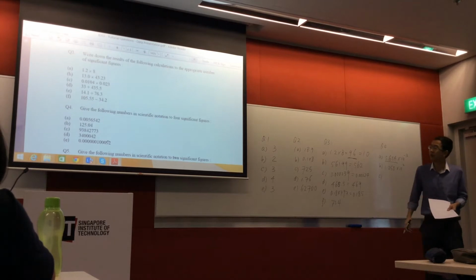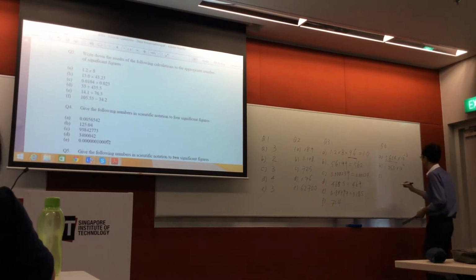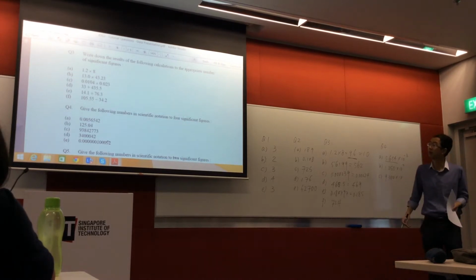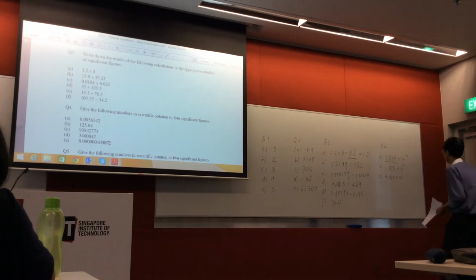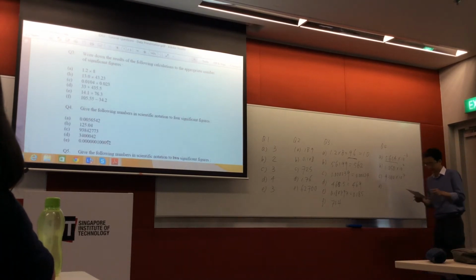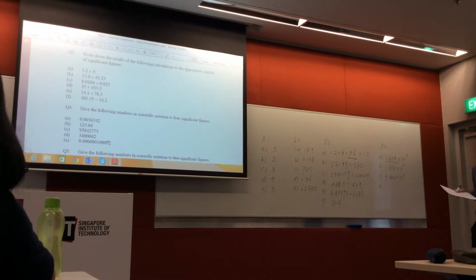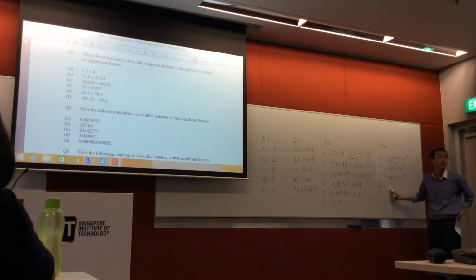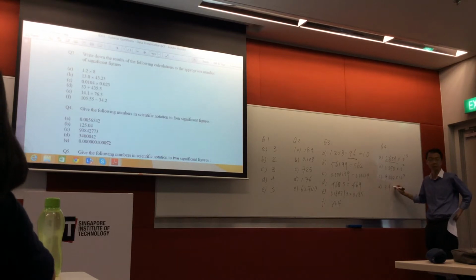C will be 9.384, right? Times 10 to the power. 4 significant figures. 3.4, 0, 0.